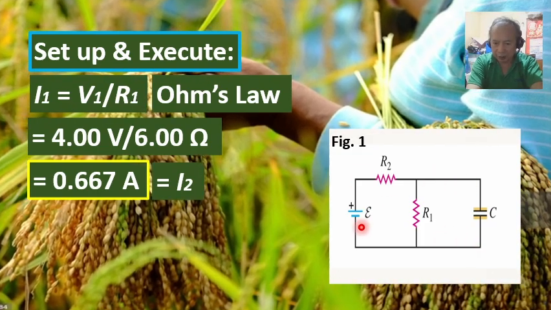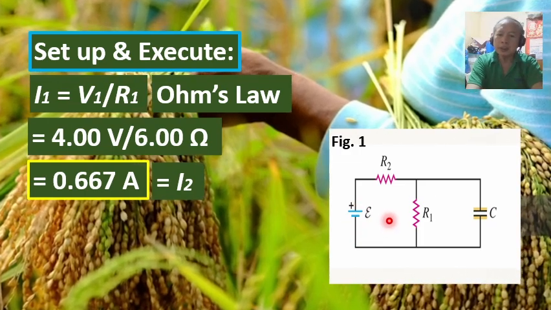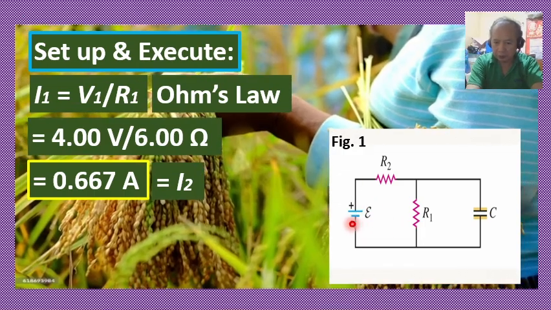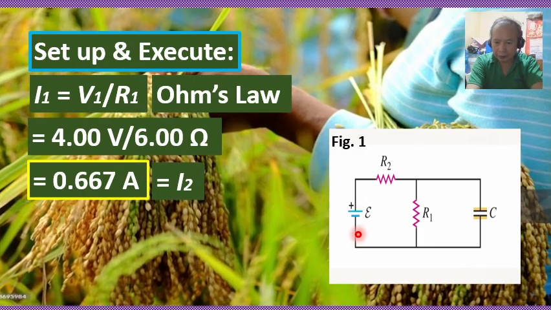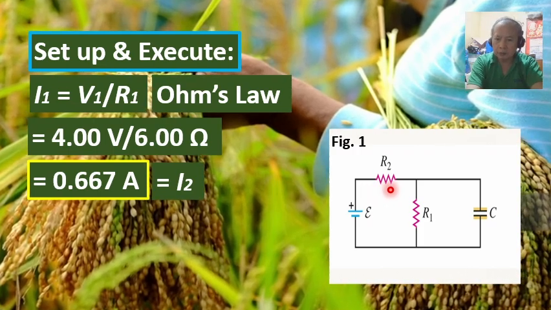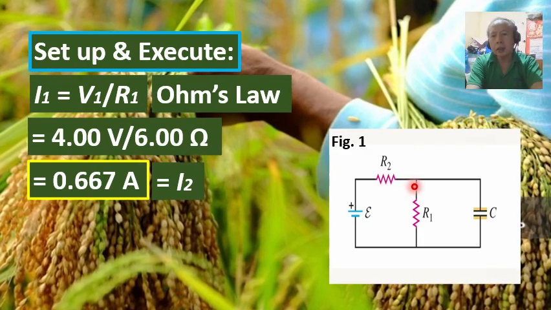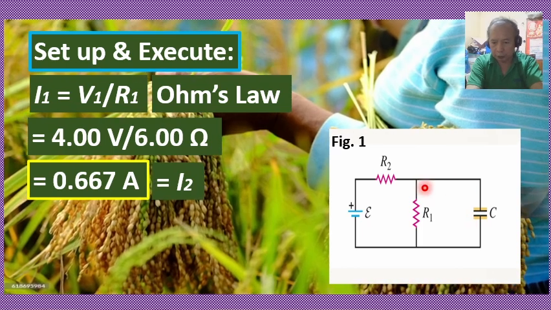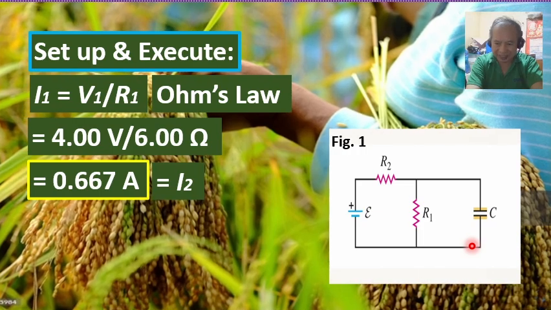So if we trace the path of the current generated by the battery, using our convention, positive to the negative terminal of the battery, the current passing through resistor R2 will not pass through the capacitor anymore because of its extremely high resistance.